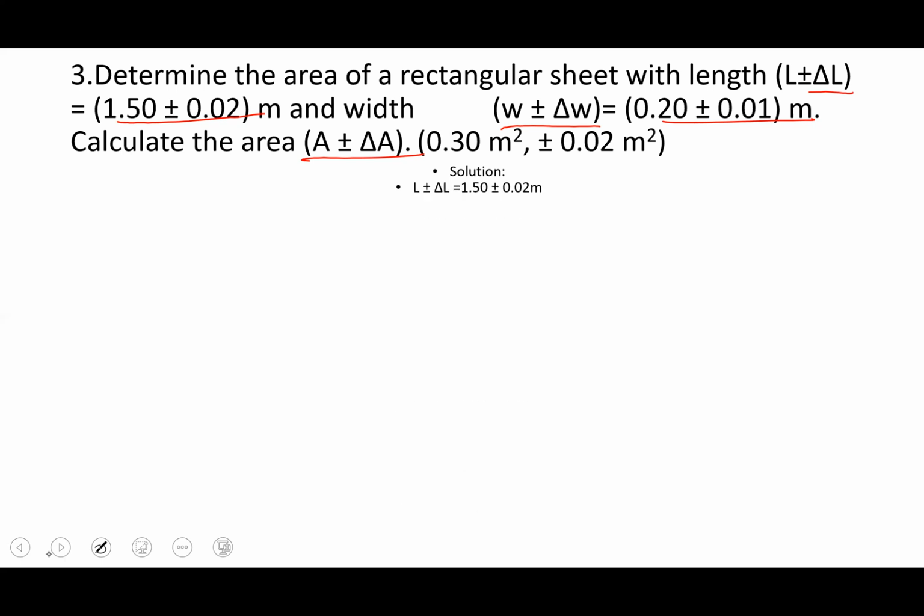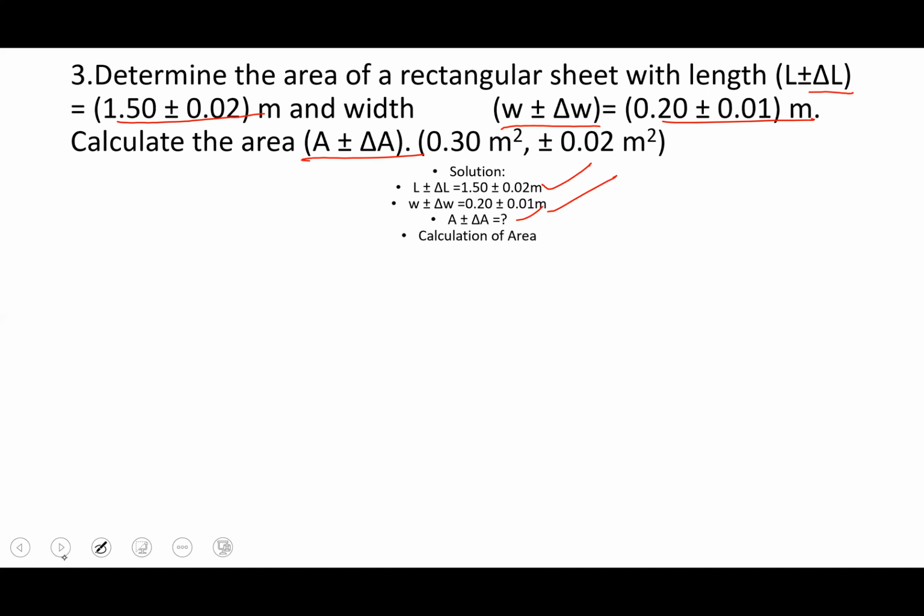Now, the data given to us: L plus minus delta L is equal to 1.50 plus minus 0.02 meters. The width given to us is W plus minus delta W is equal to 0.2 plus minus 0.01 meters. Now we have to calculate the area and along with this the uncertainty.